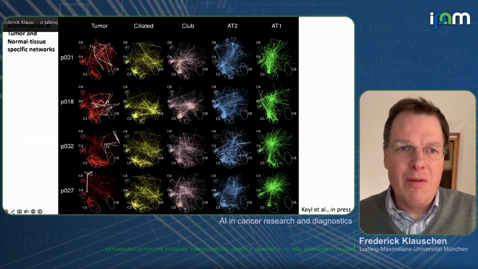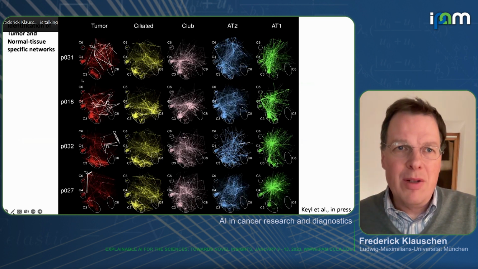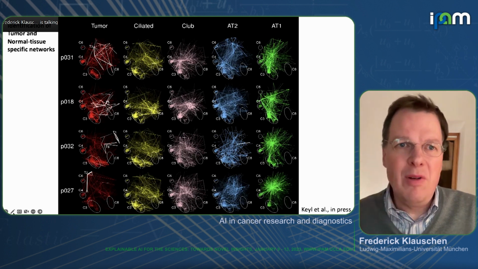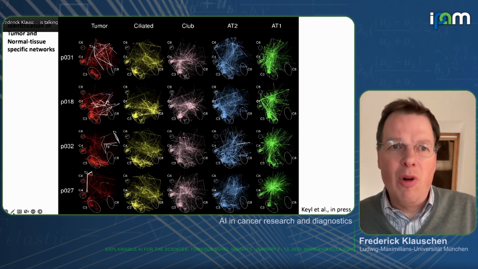And you can see here for four patients, we can do the sequencing for the tumor because we have individual cell sequencing, and the other normal cells.